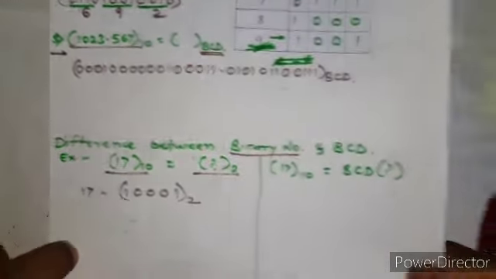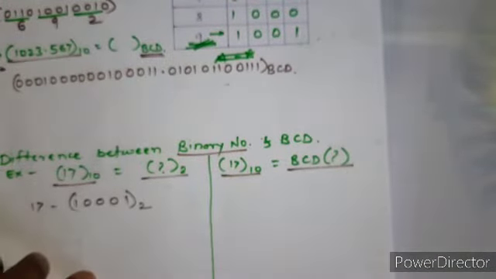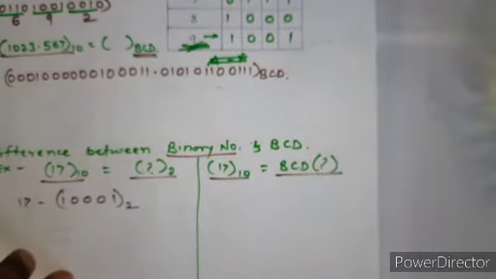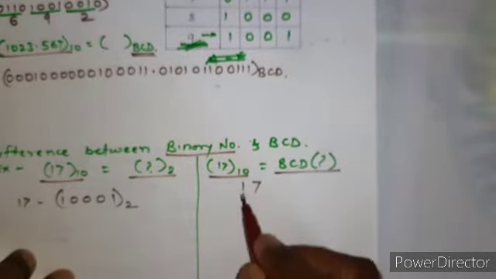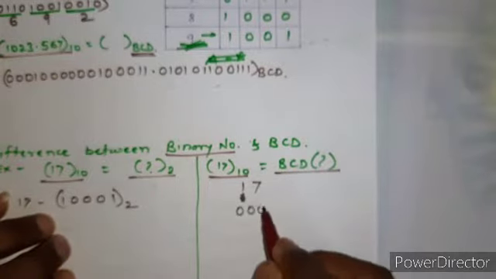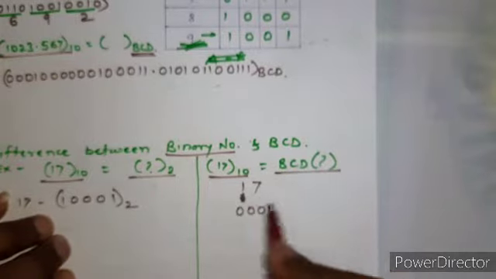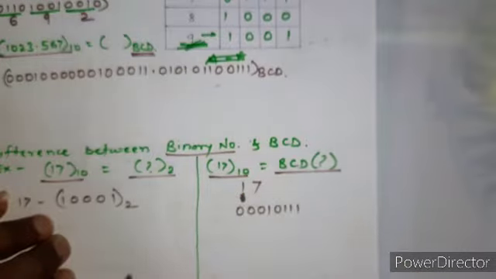Now what is the binary coded decimal form of this 17? Here you have 1 and 7. So take the 4-bit representation of 1, which is 0 0 0 1, and then the 4-bit representation of 7, which is 0 1 1 1.